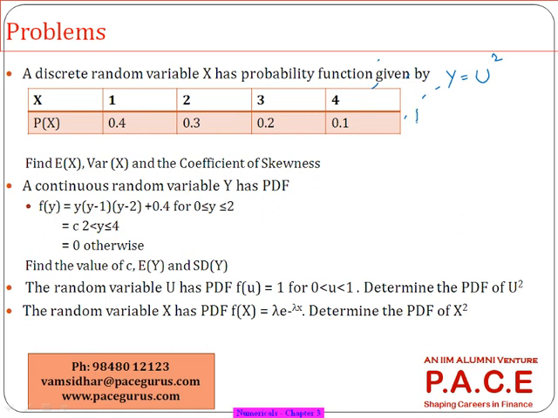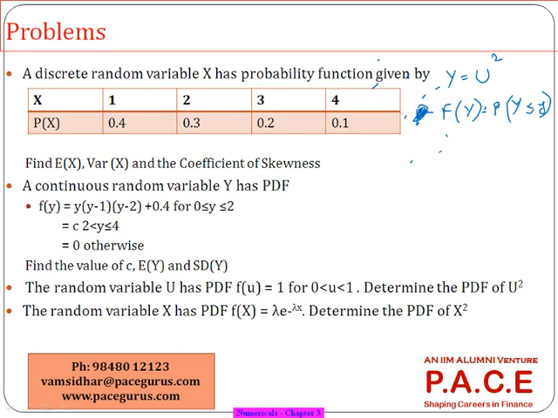So we first start with the cumulative distribution of y, which is nothing but the probability that y is less than or equal to some small y. That is the cumulative distribution of y.